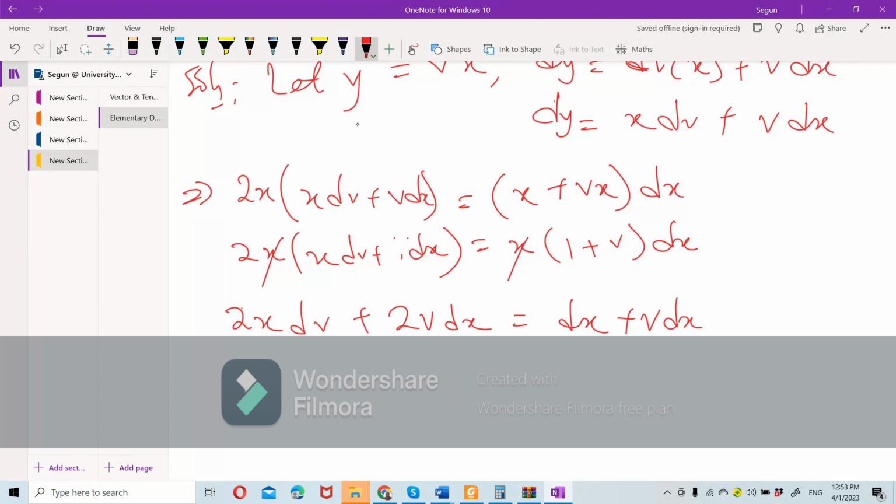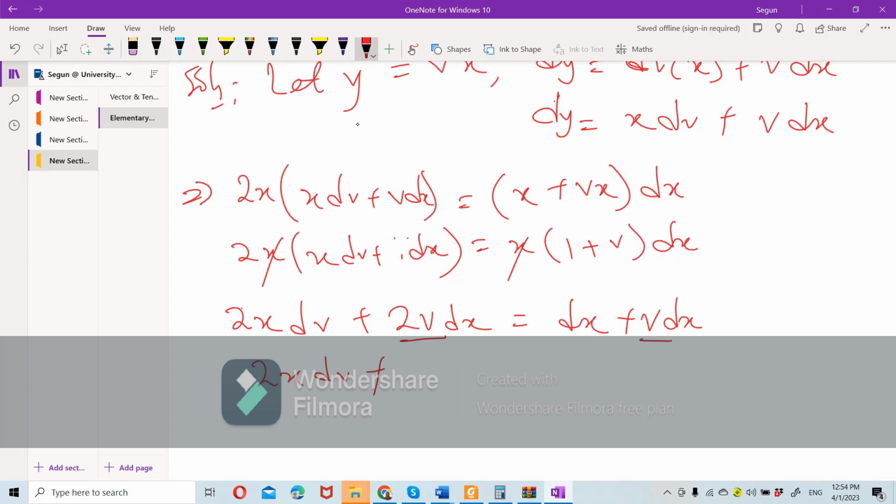So what we have here is 2x dv plus, remember you have 2v here and we have 1v here.